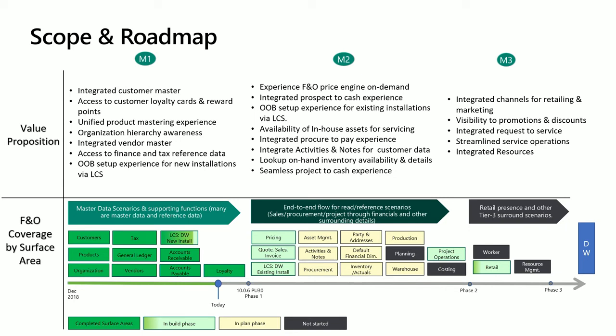And then the next one is the integrated activities and notes concept. Whenever you are interacting with customers, customers usually expose some information that is actionable, and some that is just for information purposes only. Those actionable pieces of information are called activities. Okay. So, if you are a CE user, you may know activities of type events or appointments or tasks and whatnot.